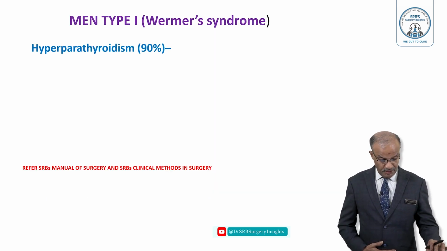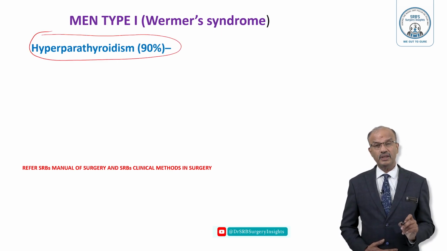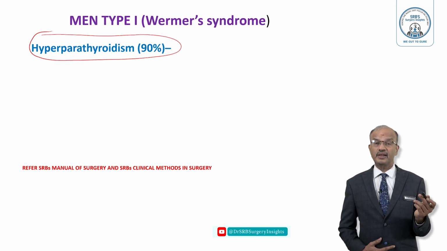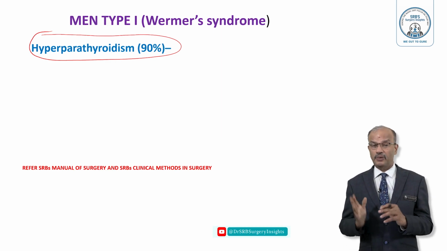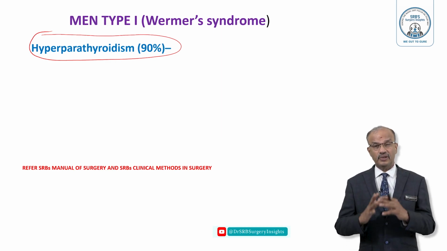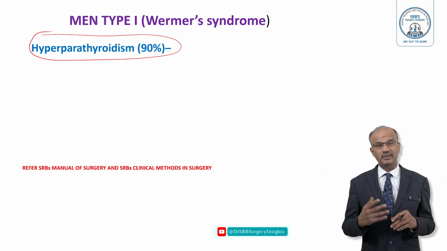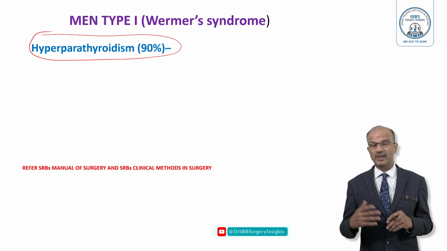So type 1, I already told, the first component is hyperparathyroidism. I said parathyroid, pituitary, pancreas: endocrine tumors, actually neuroendocrine tumors of the pancreas. Naturally they arise from the endocrine glands. The pancreas has exocrine and endocrine glands. Exocrine secretes the enzymes for digestion: amylase, trypsin, chymotrypsin, lipase, elastase, collagenase.